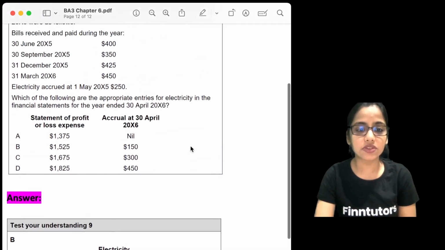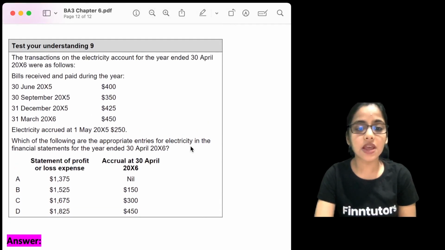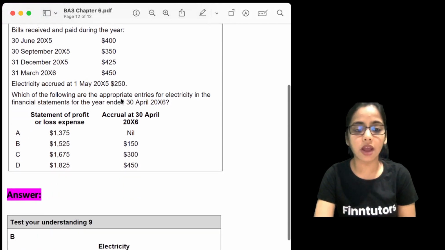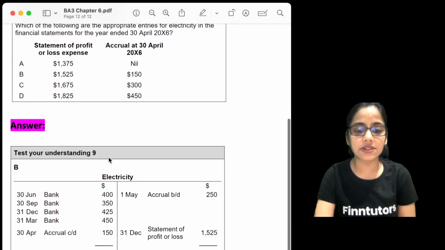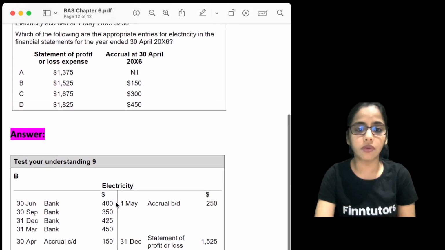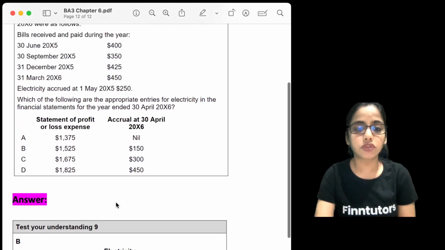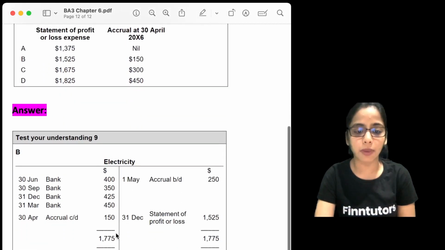The final illustration says that the transactions on the electricity account for the year ended 30th April were as follows, and it says, what are the following appropriate entries for electricity in the financial statements for the year ended. So we will make a journal account to understand this and we will record all our electricity expenses in the electricity account as they've mentioned here for June, September, December and March.